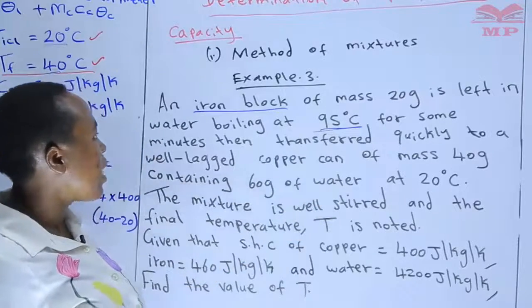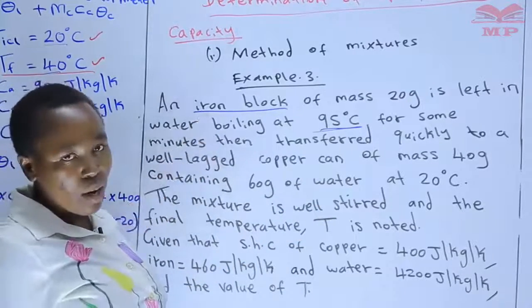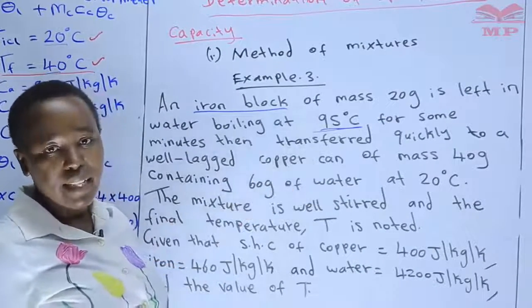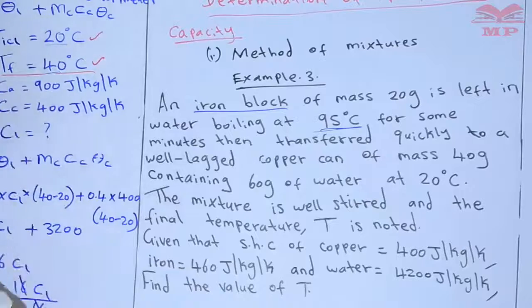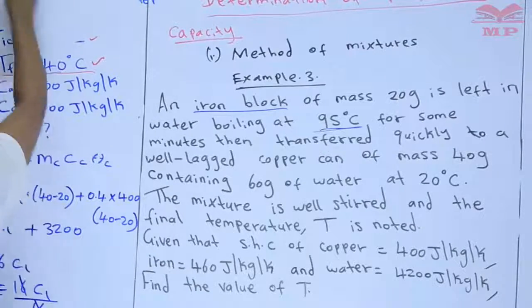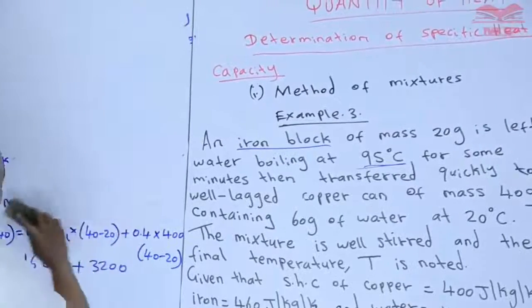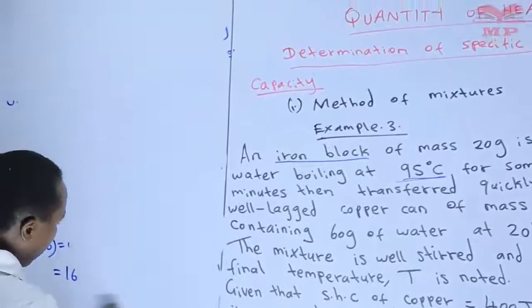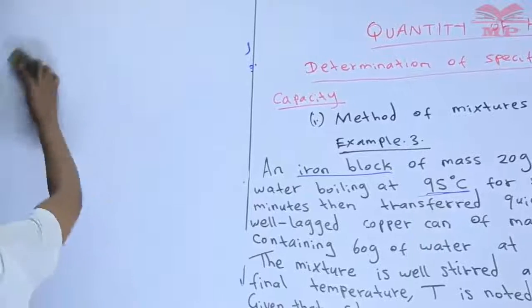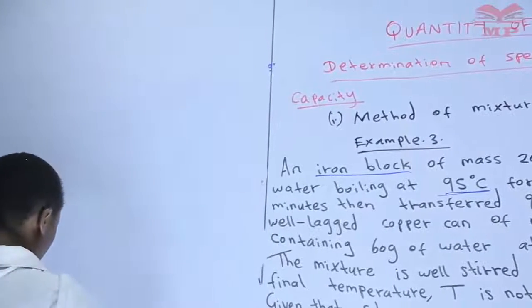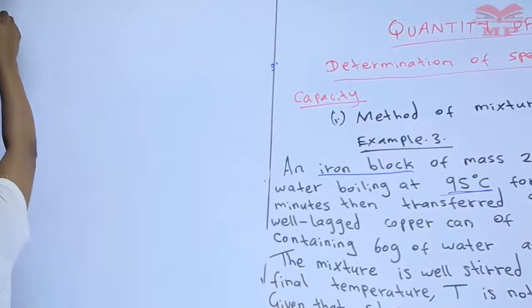So here we can say heat lost by the iron block is gained by the copper can and the water. So that is the first equation to have, that heat lost by the block will be gained by the copper can and also gained by the water in that can. So we start by that.